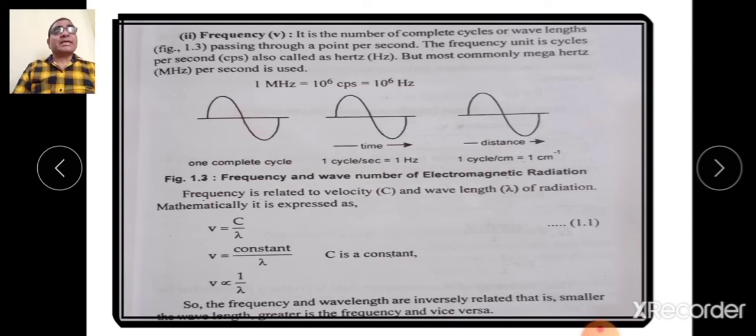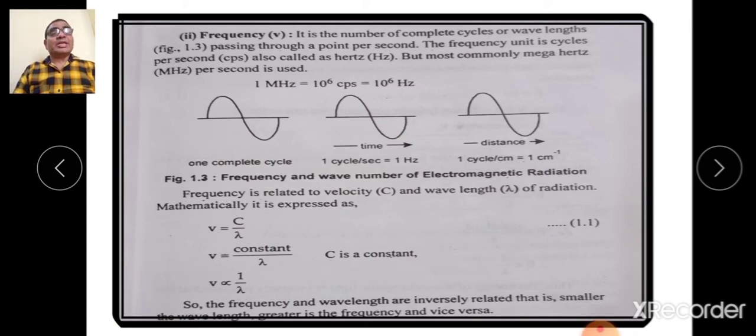Frequency is measured in cycles per second, CPS, also called hertz, but most commonly megahertz is used. 1 megahertz is equal to 10 raised to 6 cycles per second, which is equal to 10 raised to 6 hertz.